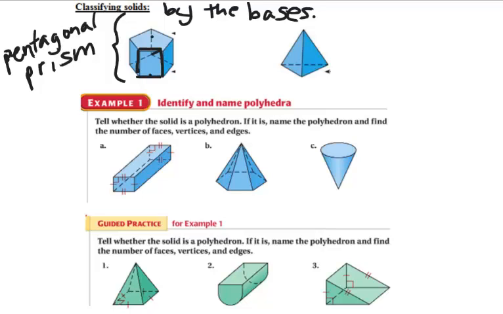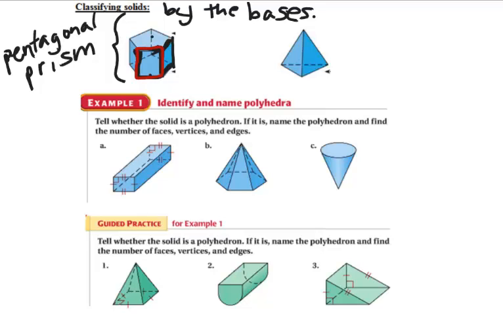These sides join the top and the bottom, and so we create rectangles. When we connect the vertex from the top down to the vertex at the bottom, and we do that with two consecutive vertices, we get a rectangular shape. Okay, so that's a pentagonal prism.